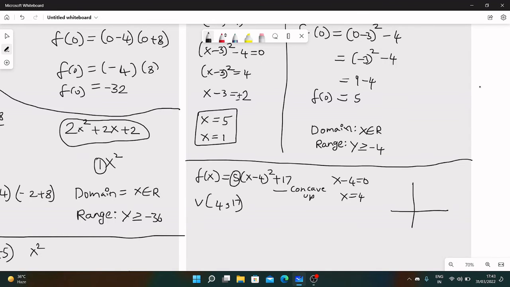So that's a minimum point. Suppose this is 4 and this is 17. So the parabola is going to start right here. Now where are we going to have our x-intercepts? The x-axis is over here, and the parabola is all the way up here. We won't have an x-intercept here, no x-intercepts.